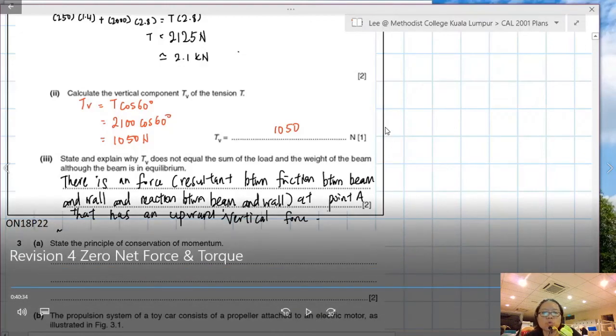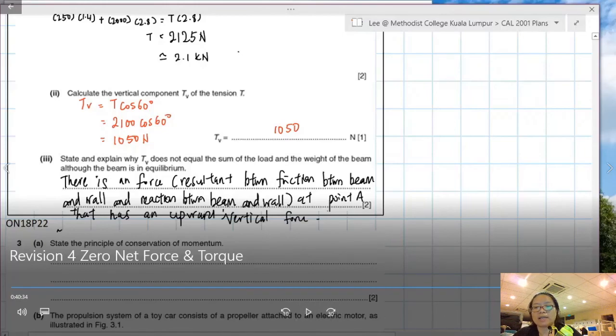So if you want to score the other point, I've forgotten to write here, you should write T vertical in terms of this other force. So let's say you call this force A, FA.